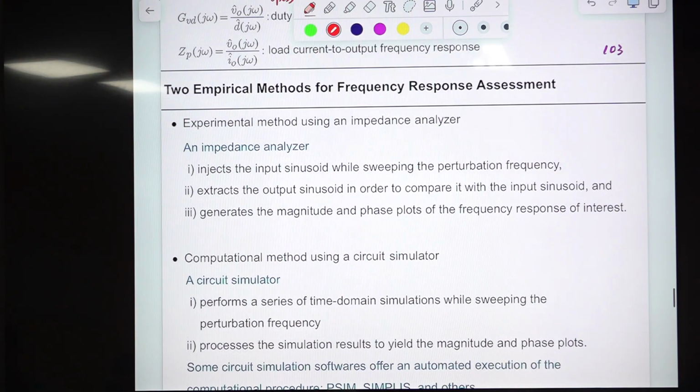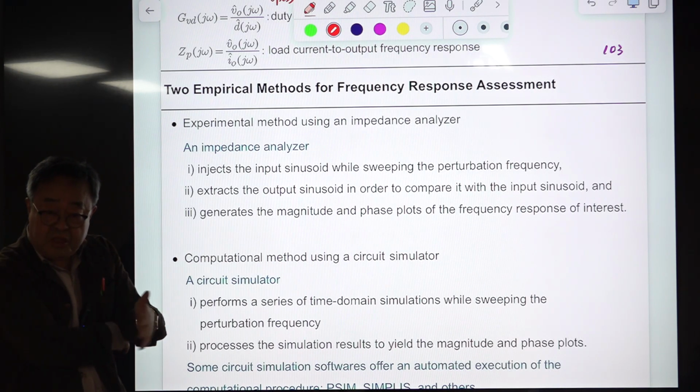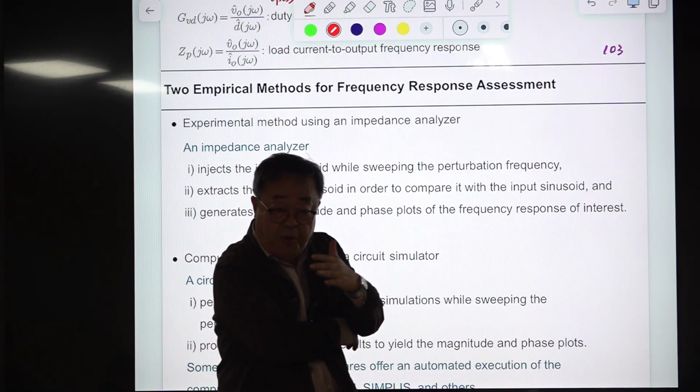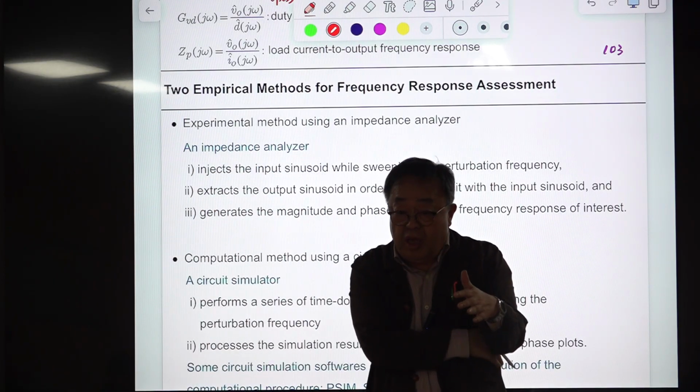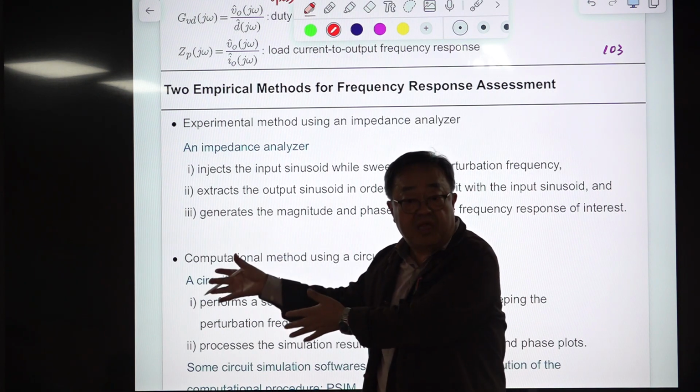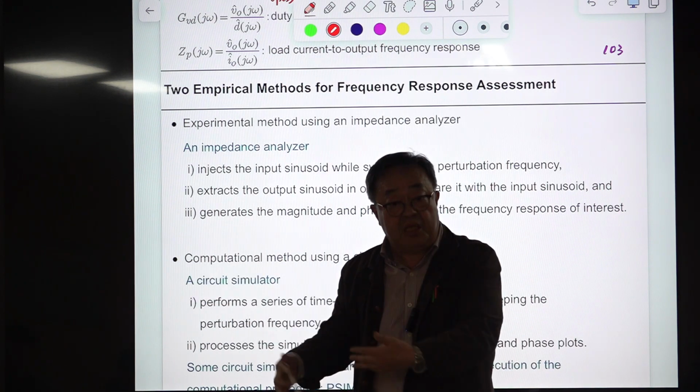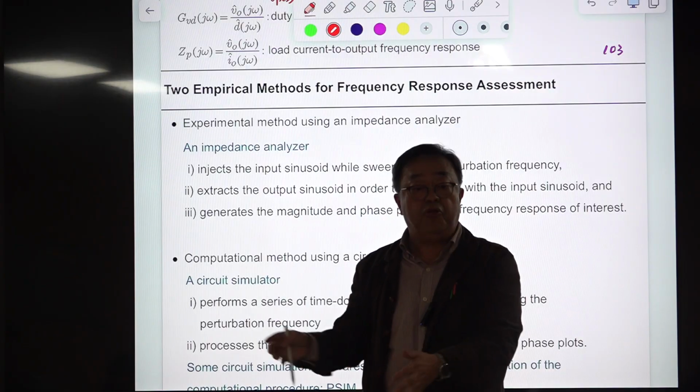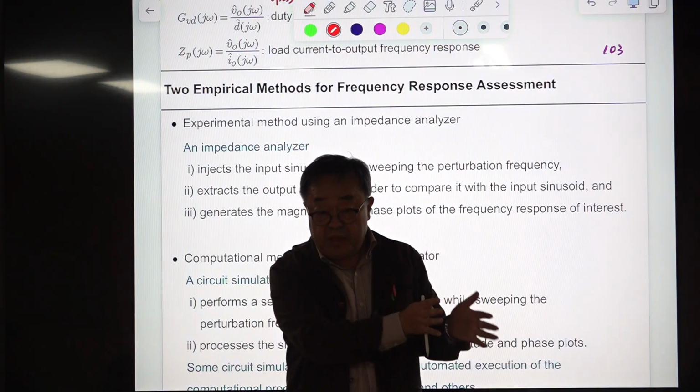So what we have discussed so far is the empirical method. You are not using any small signal model or any circuit analysis. You are just measuring this. As I said at the beginning of this semester, I'll explain the frequency response and the performance of the PWM converter, along with this kind of concept, empirical evaluation, and explain why that is important.